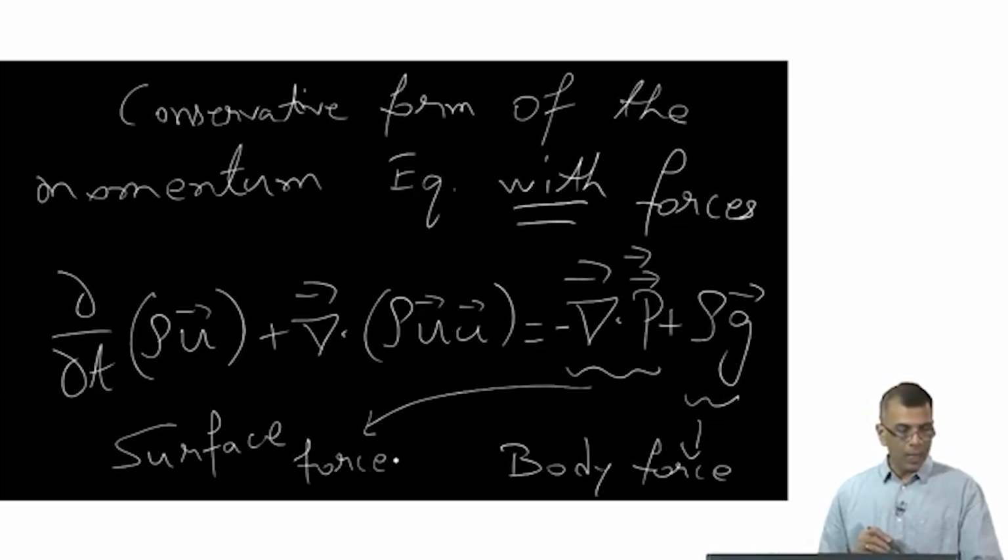And what's inside of this P? A couple of things. This UU is really a second order tensor, and UU would be the outer product of two vectors.